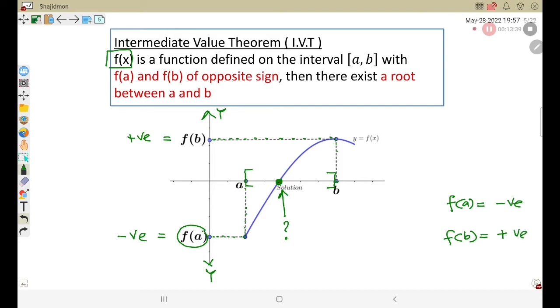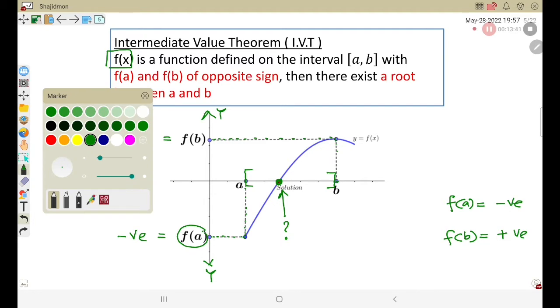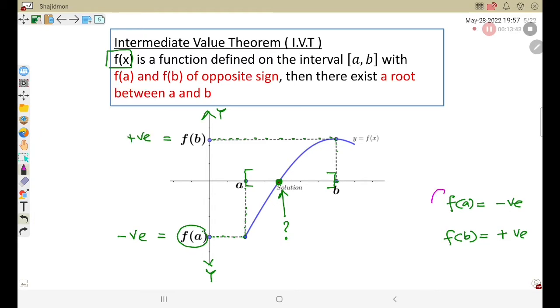That means these two numbers have opposite signs: one number is negative, another is positive. Now if we get opposite signs for f of a and f of b, it means our answer is in between a and b, that means a solution is in between a and b. So this is the correct location.